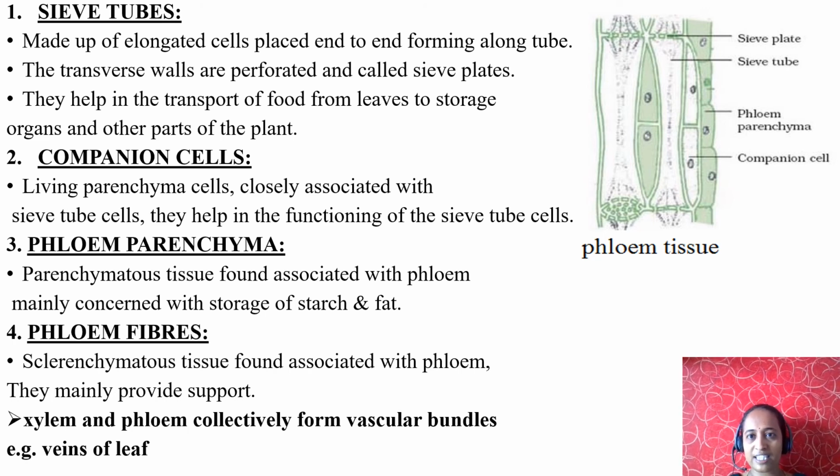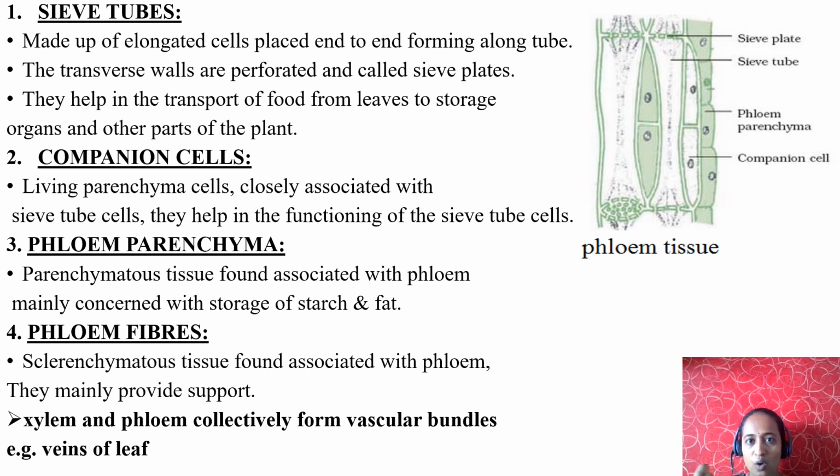Can you see the sieve plate? Sieve plates are transverse walls along with holes or pores, which help in transport of food from leaves to storage organs and other parts of a plant. These sieve plates help in the conduction of food material from leaves to other parts wherever the food is required by the plant.